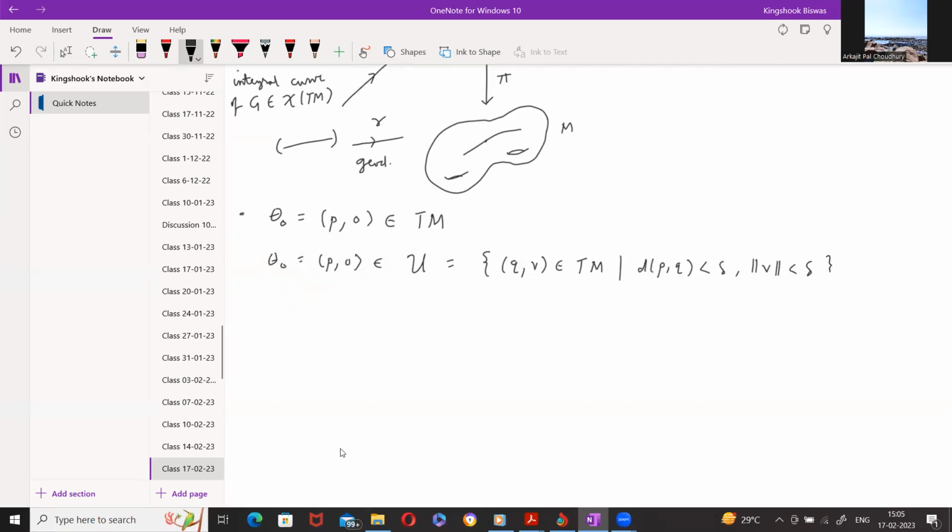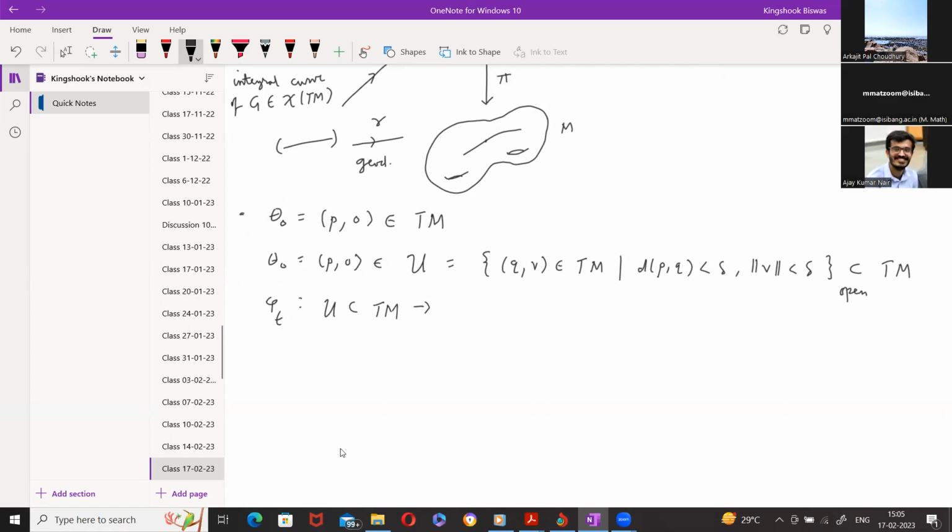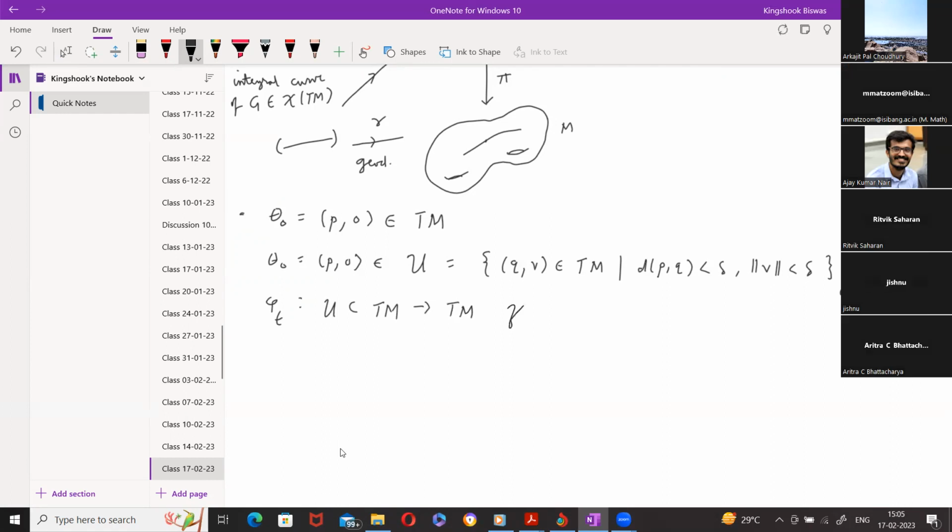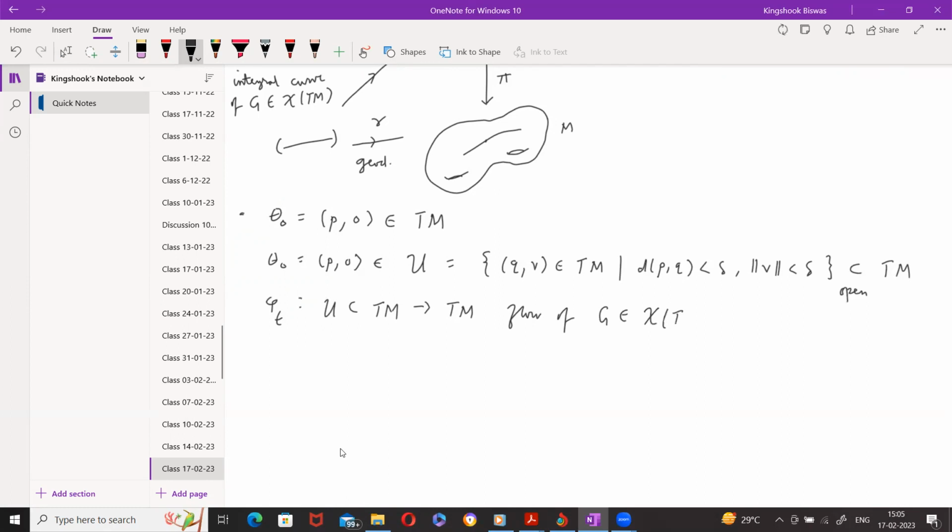So this is an open set in the tangent bundle. All right, so here I have phi_t, the flow of the geodesic vector field defined on U for time |t| less than epsilon.